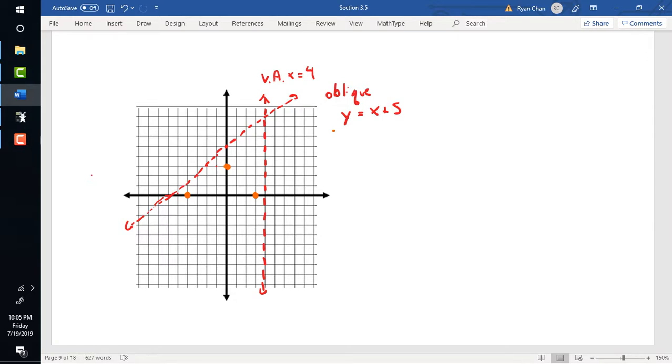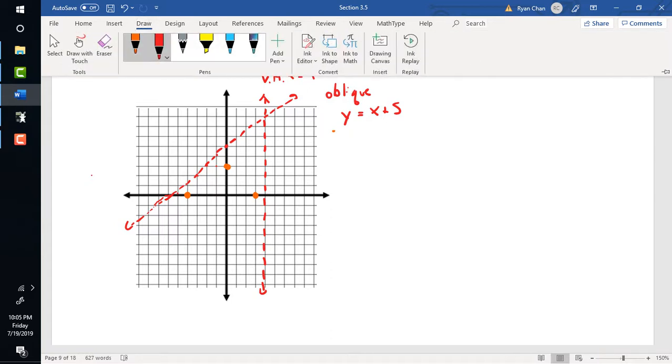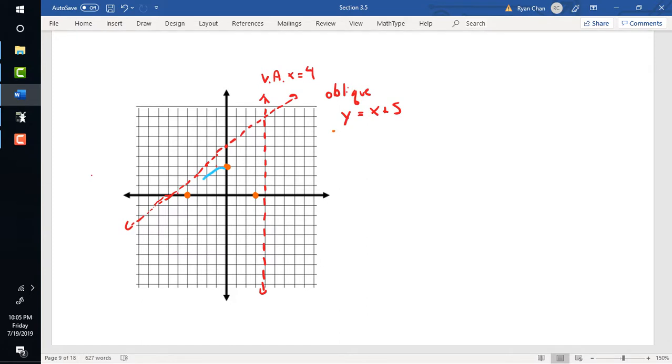Okay, so if you look at your picture here, my graph goes through these 3 points. It can't cross these dotted lines. So it's going to look something like this. Okay, we're fine. Just do the best you can.